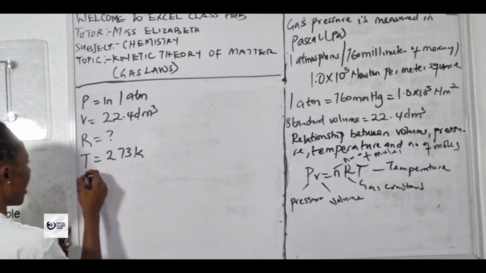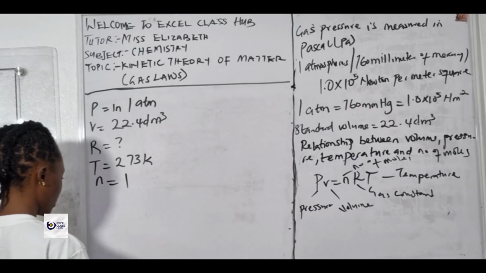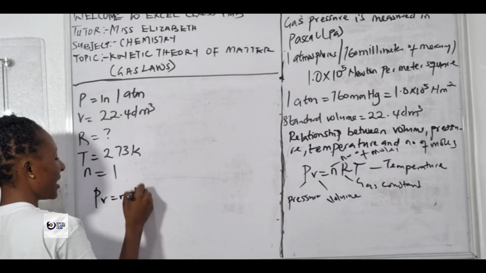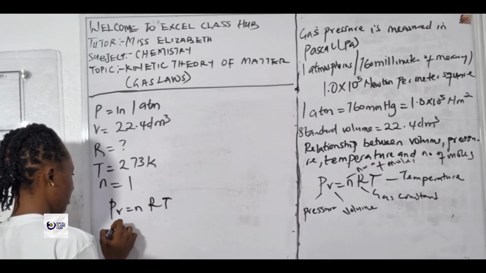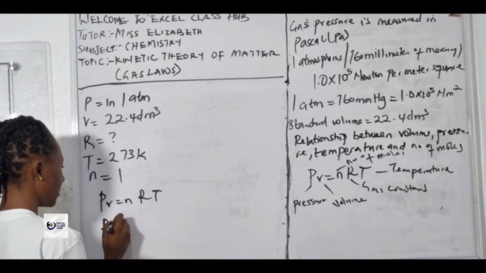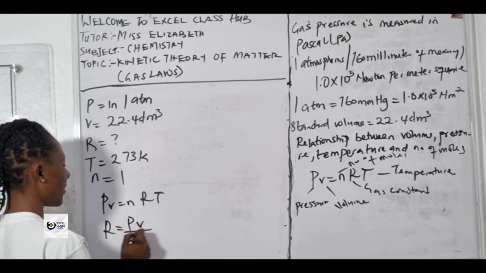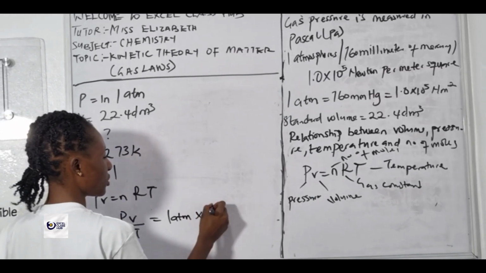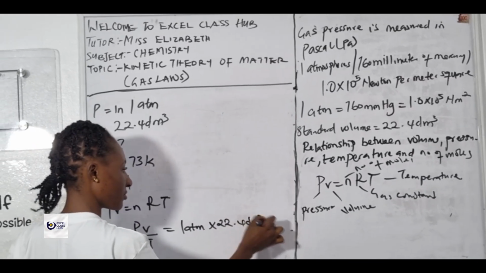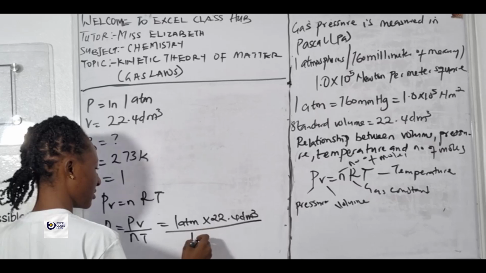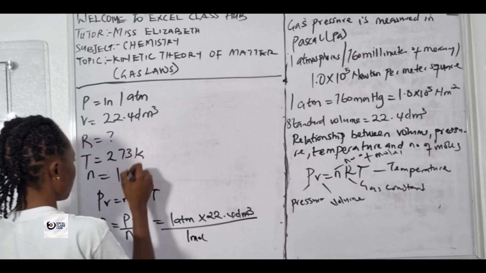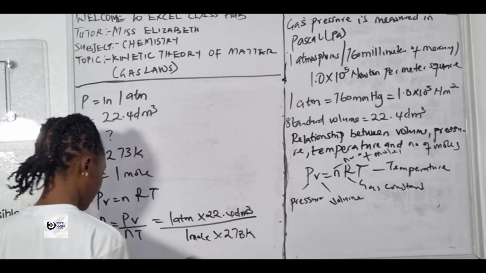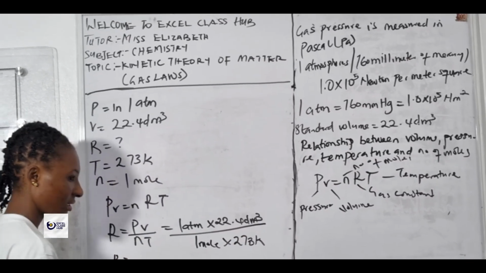To get our R, our n is equal to 1, which is the number of moles. We have PV is equal to nRT. To make R the subject of the formula, we have R is equal to PV over nT. 1 atm times 22.4 dm cube divided by 1 mole times 273 Kelvin. Calculator, please.